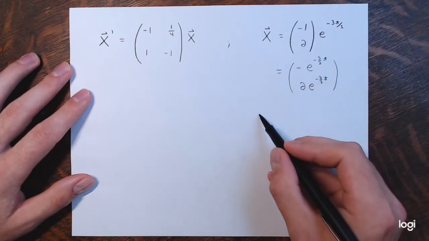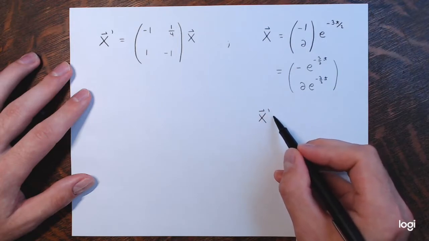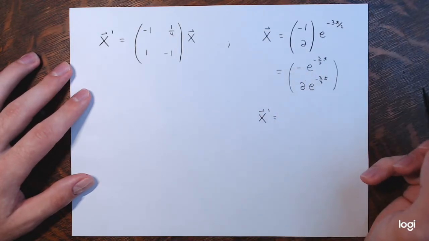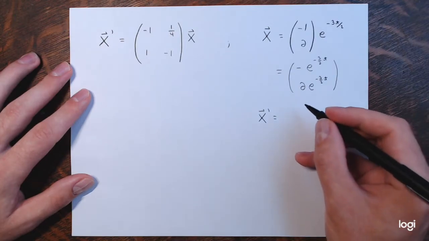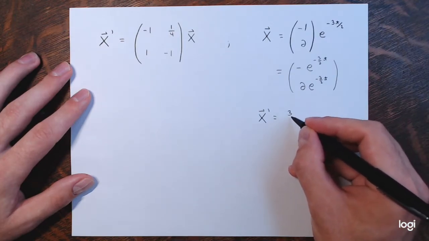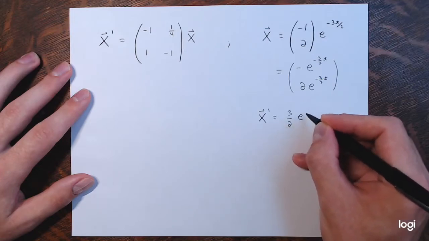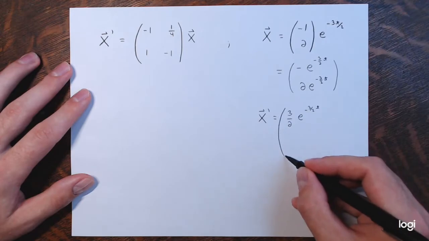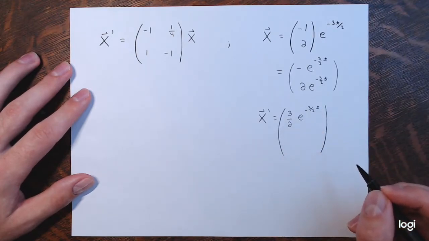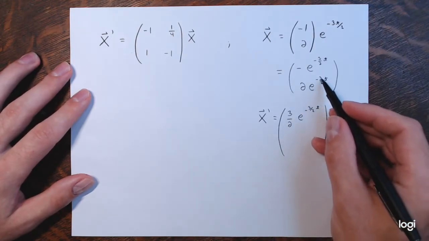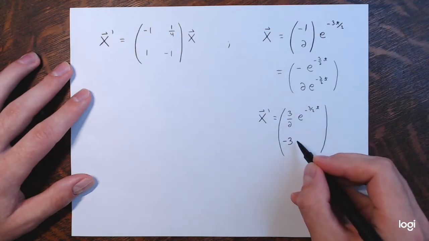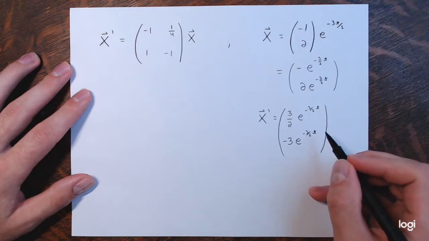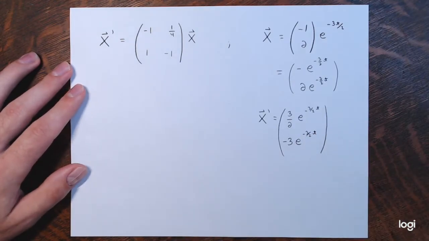Then x prime, doing the derivatives of these, would be a positive 3 halves e to the negative 3 halves t for the first component, and then negative 3 times e to the negative 3 halves t, using the chain rule and all that.